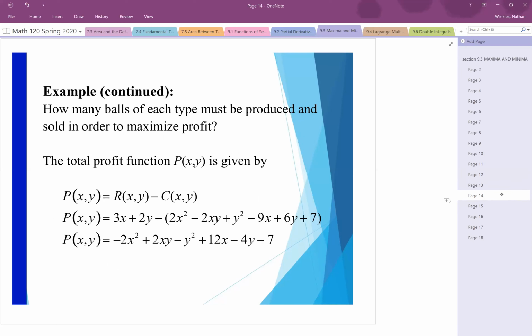P(x, y) is equal to negative 2x squared plus 2xy minus y squared plus 12x minus 4y minus 7. So that's going to be the function that we're going to use starting on the next slide.